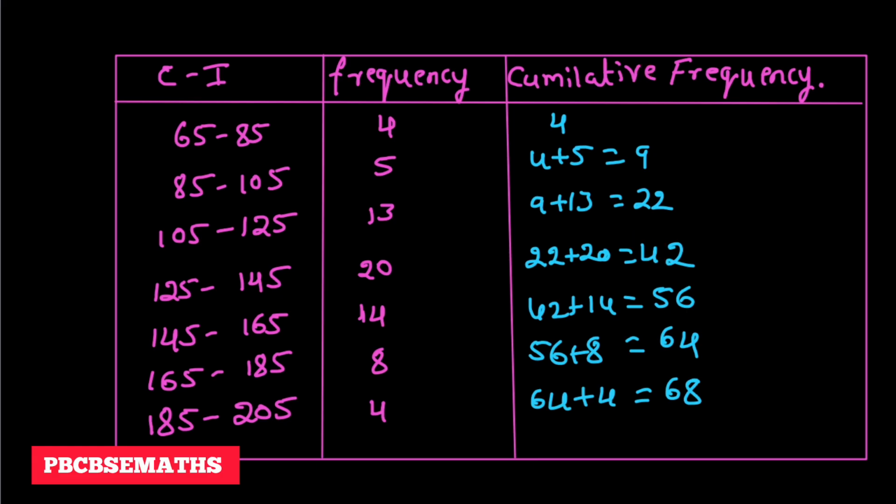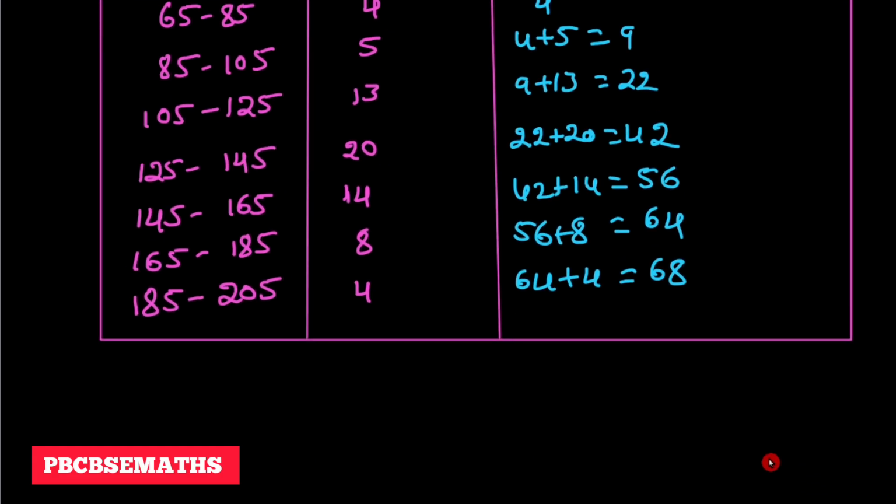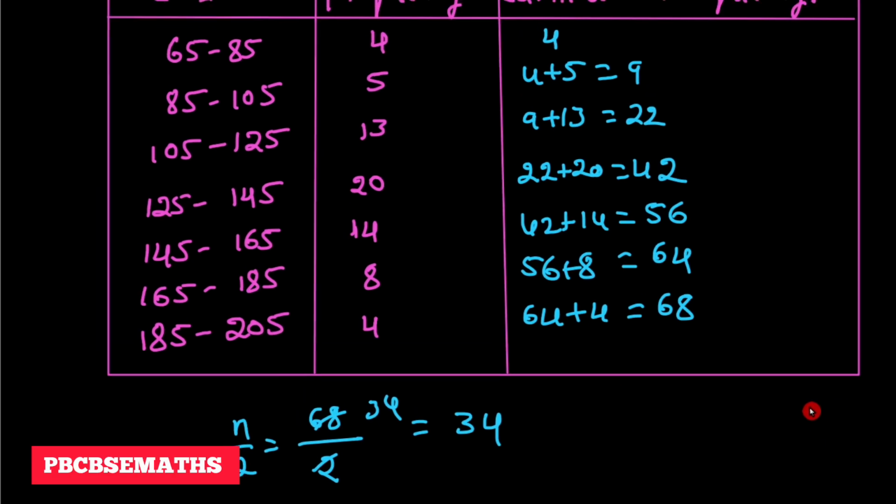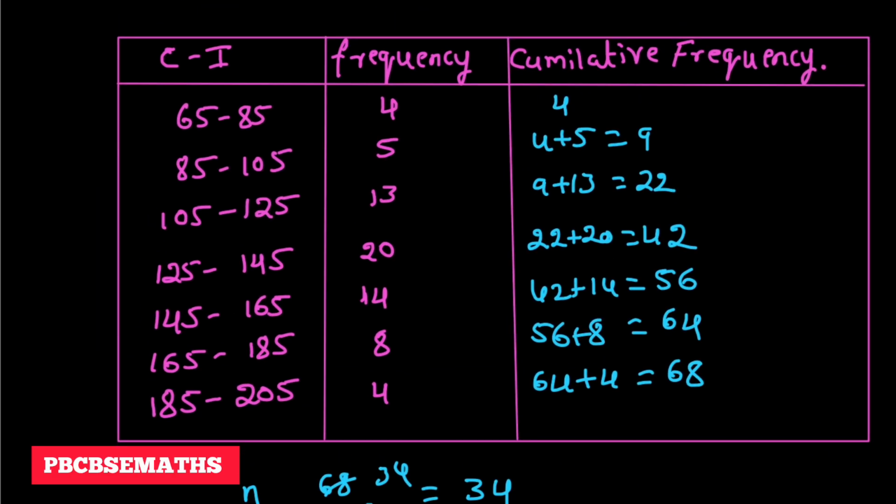Now let's try to find out the value of n by 2. So n by 2 is equal to 68 by 2, which gives us 34. So we have to check which cumulative frequency 34 falls in. As we can see, this 34 falls in this cumulative frequency.